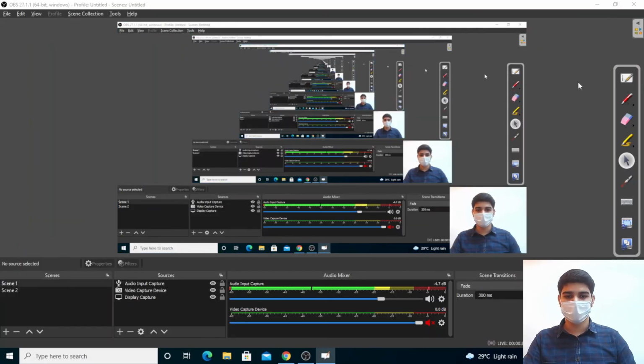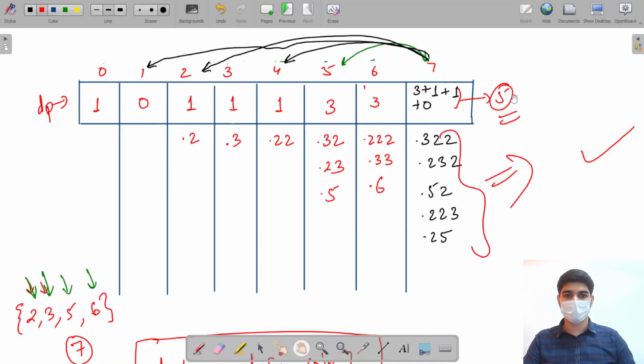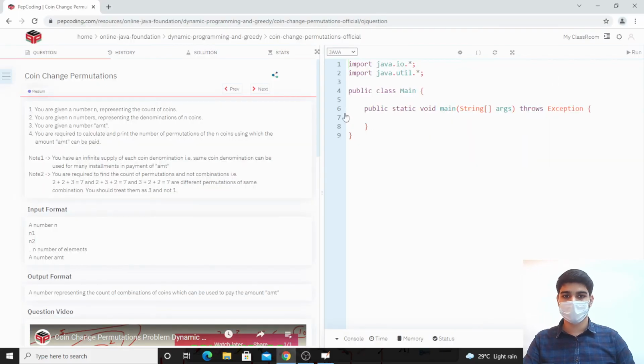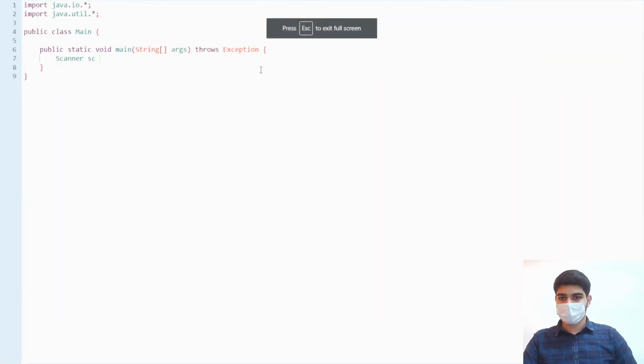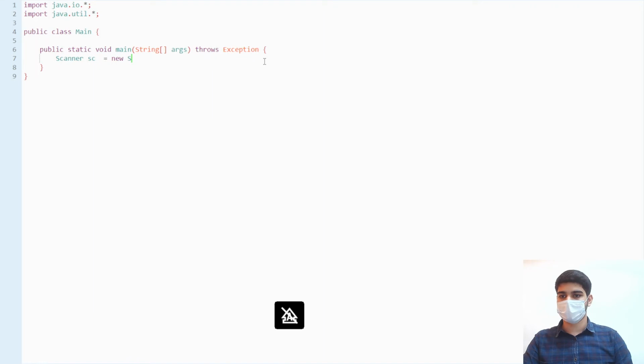Let's try to code this and see how it works, right? So we can have a scanner, right? And we have n numbers, which are the elements, which are the coins, and then we have the amount. So to code this, we would need a scanner object.